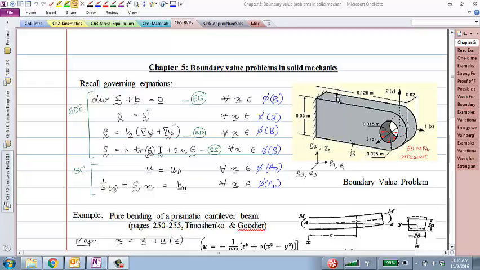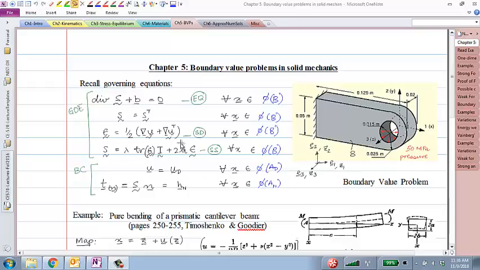So it's over a complicated domain like this, you could be looking for three-dimensional functions in general. It's a decently hard problem to solve, where those functions themselves must satisfy these governing differential equations as we laid them out: equilibrium equations for forces and moments, and strain displacement relationships.